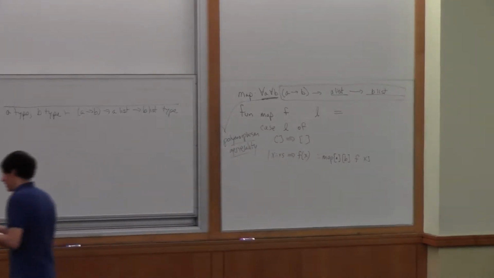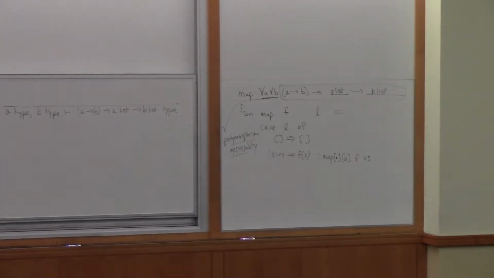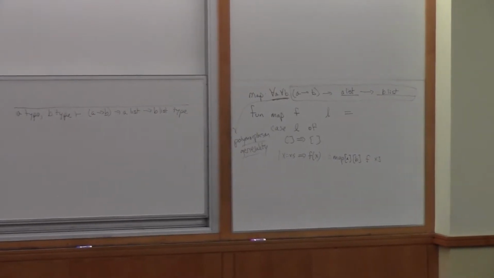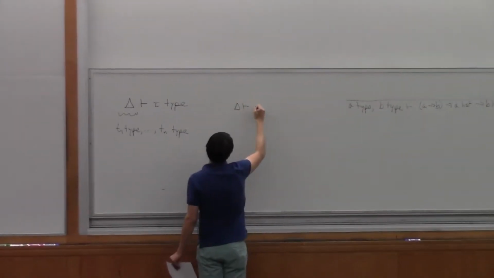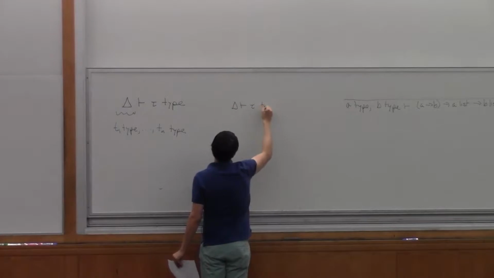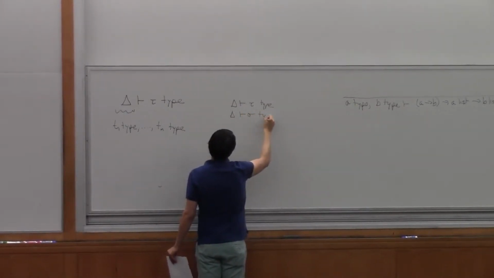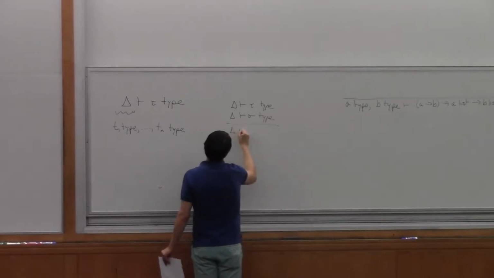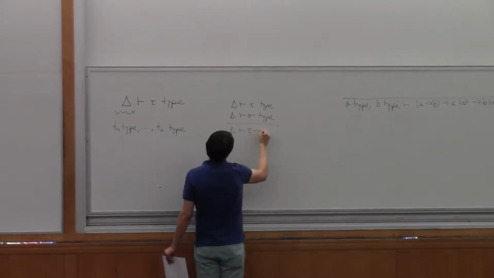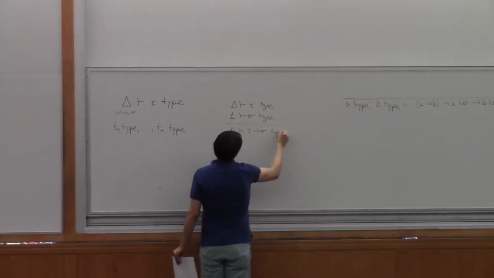So that's the new ingredient that we need there. And then the inference rules for that will be things like delta proves tau is a type, delta proves sigma is a type, therefore delta proves tau arrow sigma is a type, right?